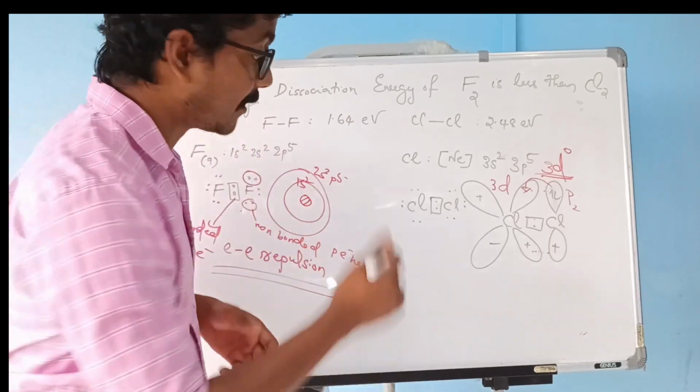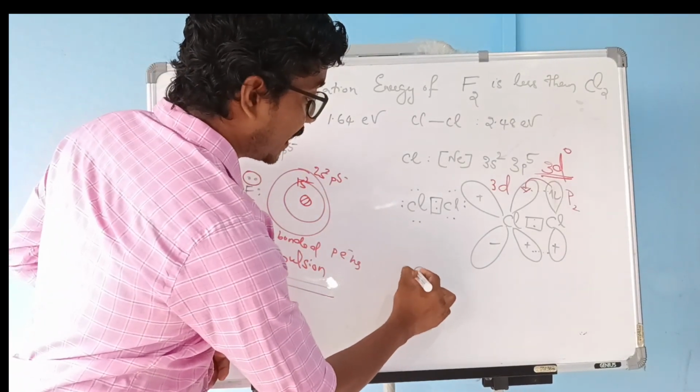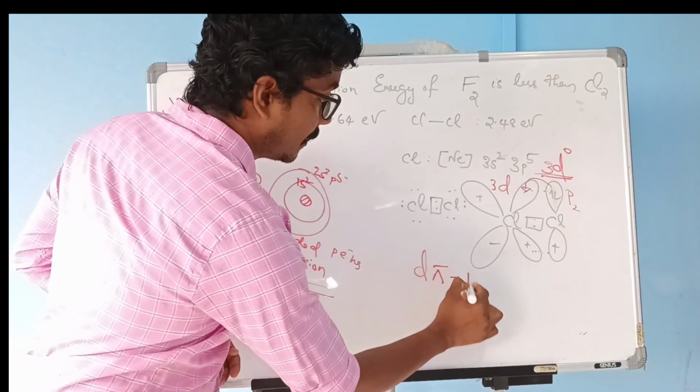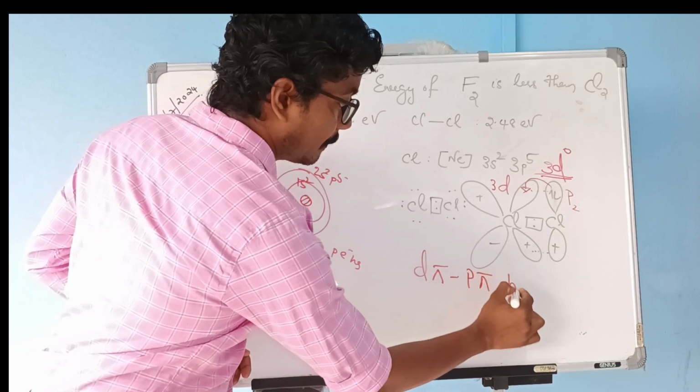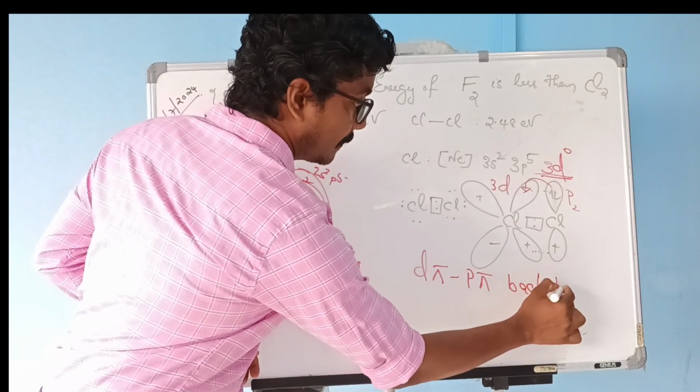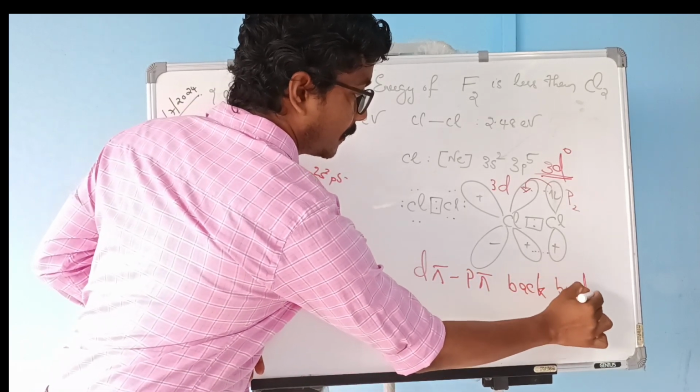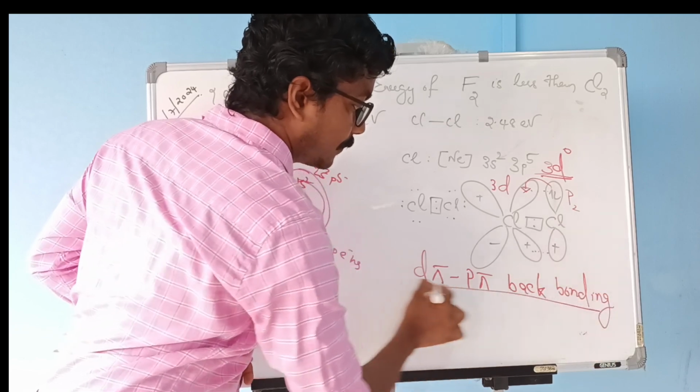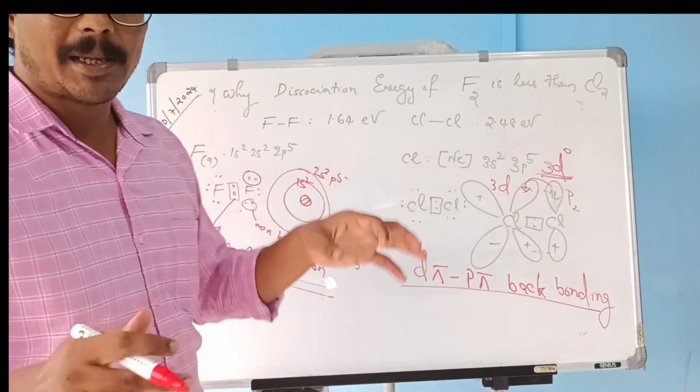As a result of that, what is forming? A d pi p pi back bonding. Right? D pi p pi back bonding.